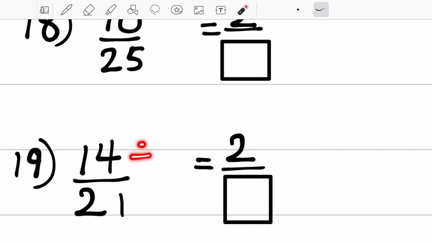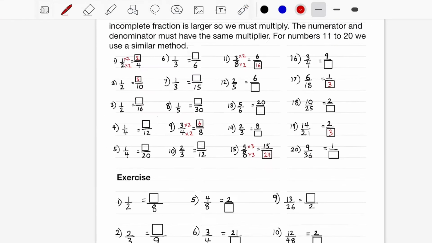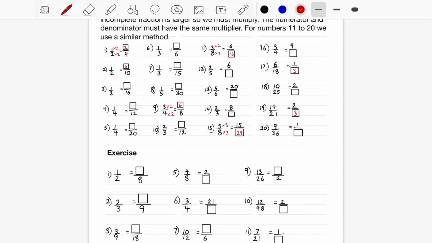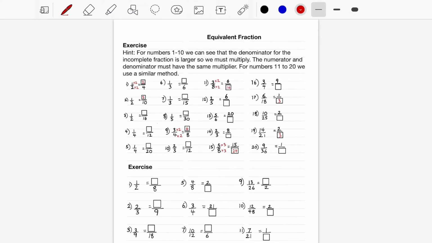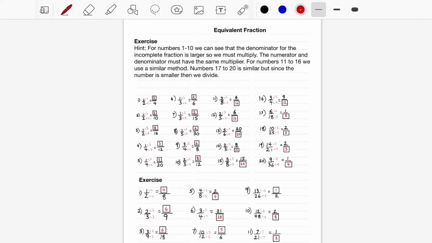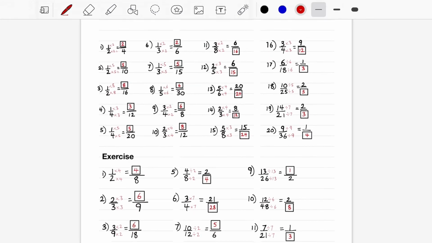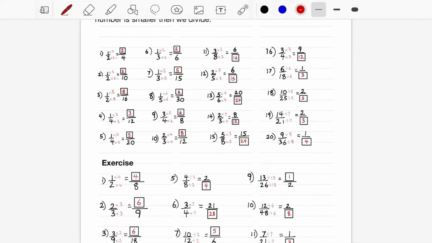Fourteen divided by 7 will give you 2. 21 divided by 7 will give you 3. Now I will display the answers. So feel free to make your corrections.